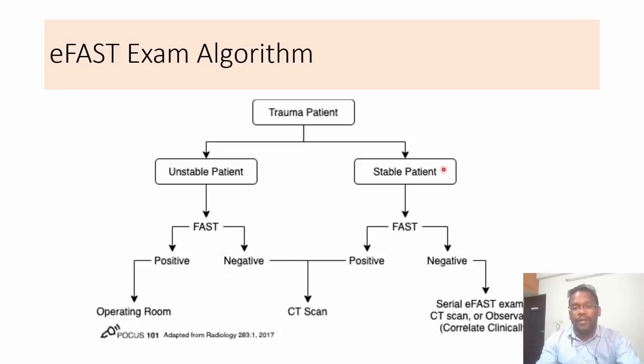In a clinically stable patient, if FAST is negative, the patient may be given further time, so we can go for a CT scan evaluation and do the further management. And if the FAST exam is negative and the patient still has a highly suspicious mechanism of injury, the patient will be further evaluated by serial FAST exam and or CT scan or by clinical observation.